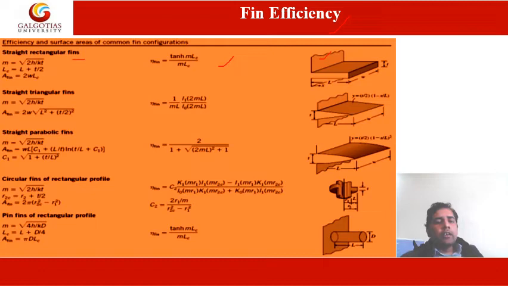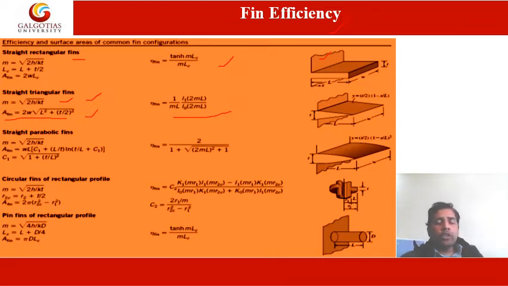Then this is the relationship for the triangular type of fin. Here the value of m and the area of the fin are also given. So while calculating the heat transfer rate from the fin, we must utilize these relationships.